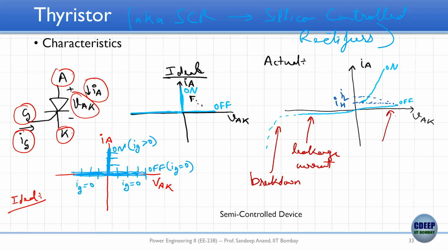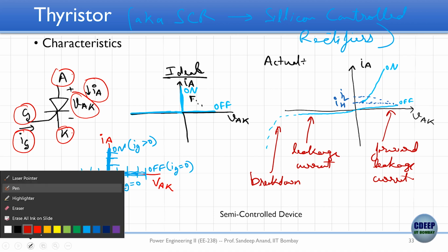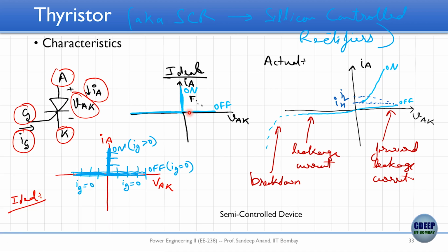So, this part, let me call it as forward leakage current. So, now all complete horizontal line we can map, right, very similar between ideal and real.